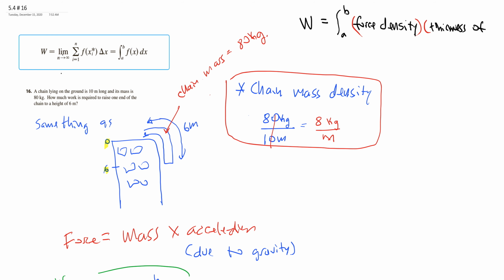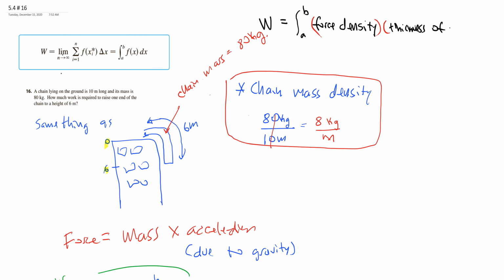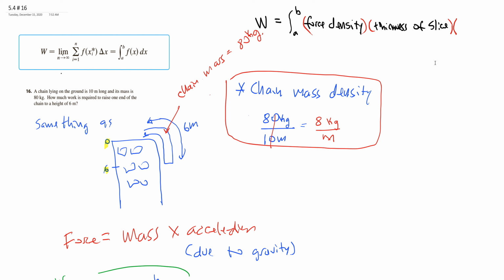Oops, running out of room here. And variable distance traveled will always be x. Well, in most cases it will be x.